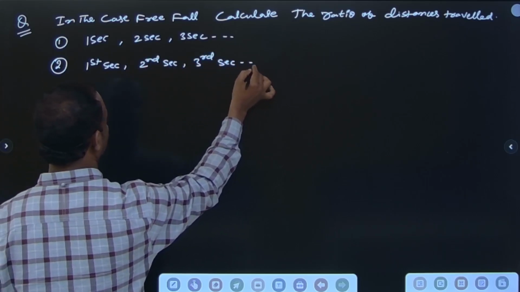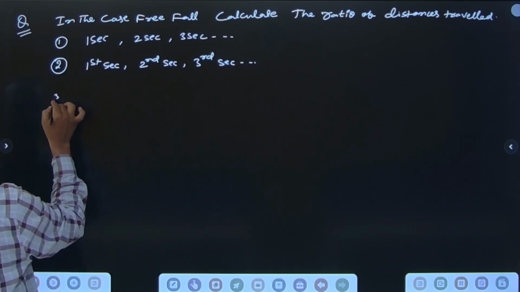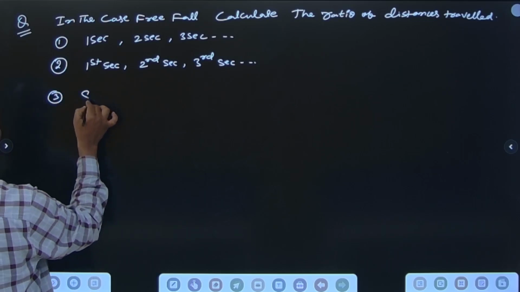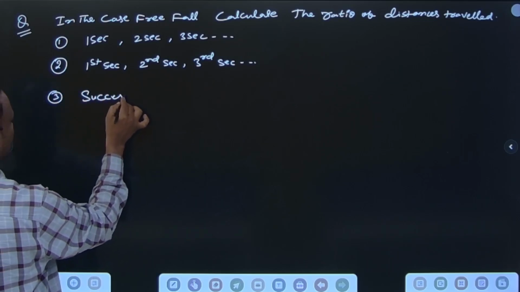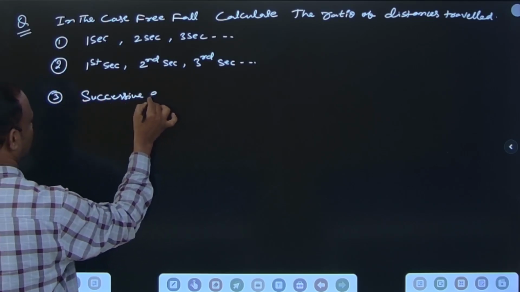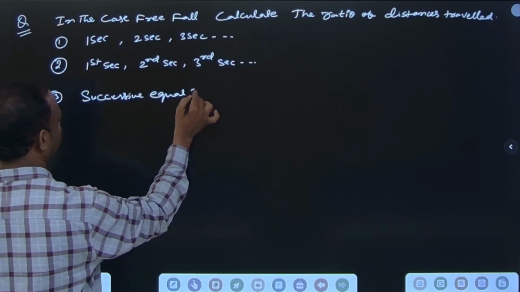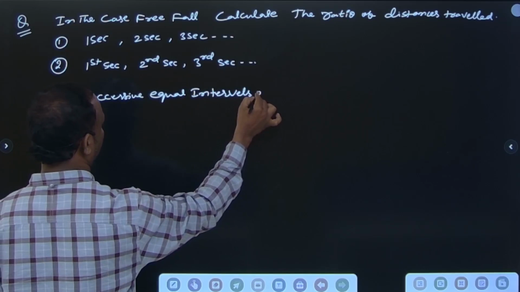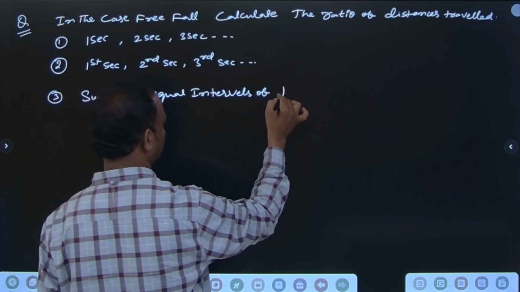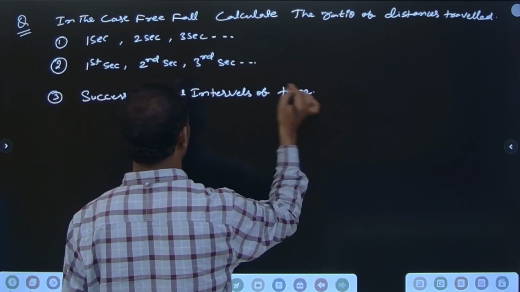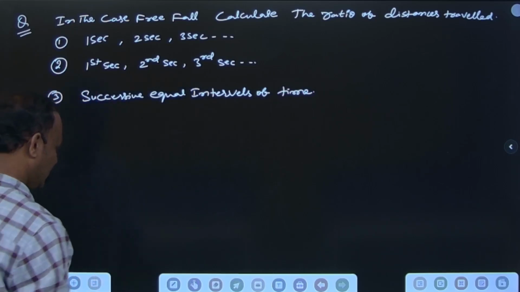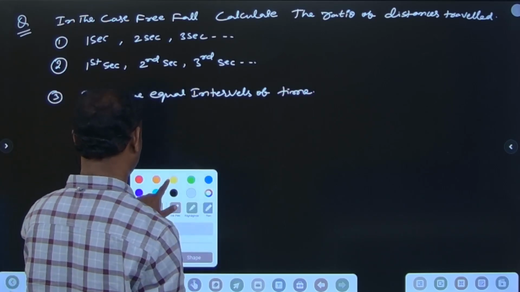And the third one is about successive equal intervals of time. I need to calculate this. So for the first one, I'm talking about this here.